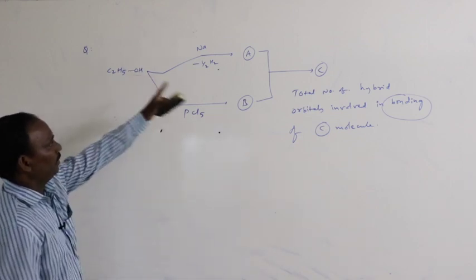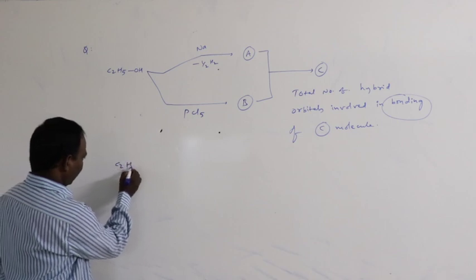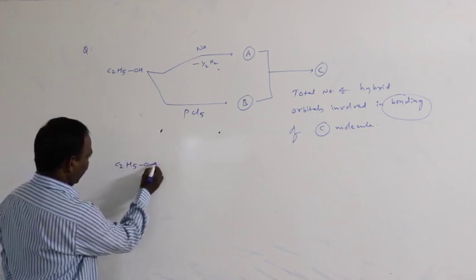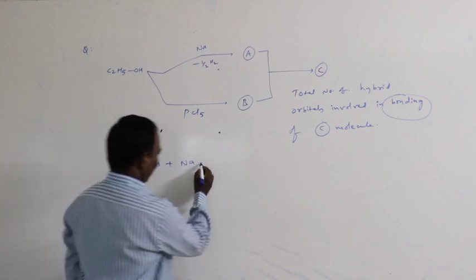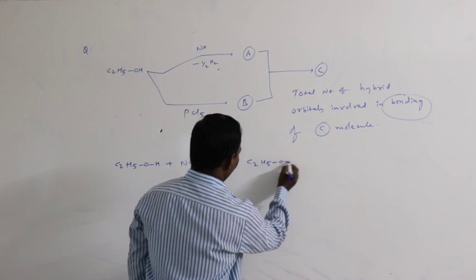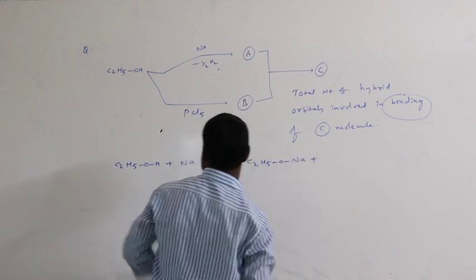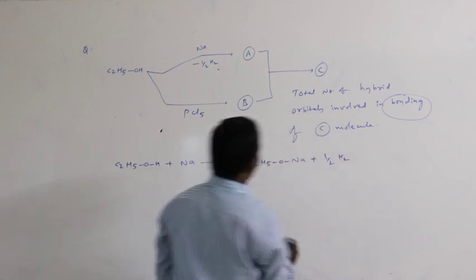So now the first, A is ethyl alcohol, C2H5OH, on treatment with sodium metal to form sodium ethoxide, C2H5ONa plus half mole of hydrogen.